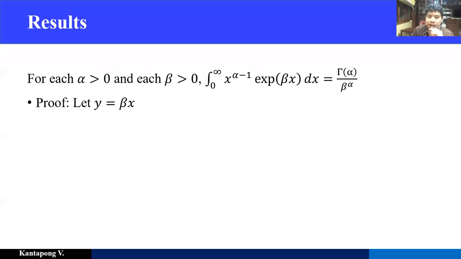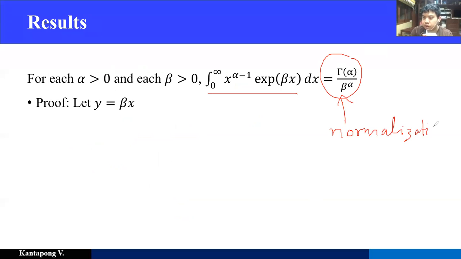The result is that for each alpha greater than 0 and beta greater than 0, this integral is going to be equal to this. So this is the normalization, because this is not a probability distribution yet.